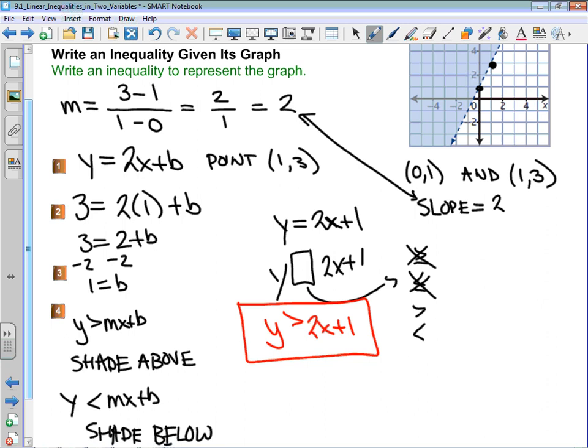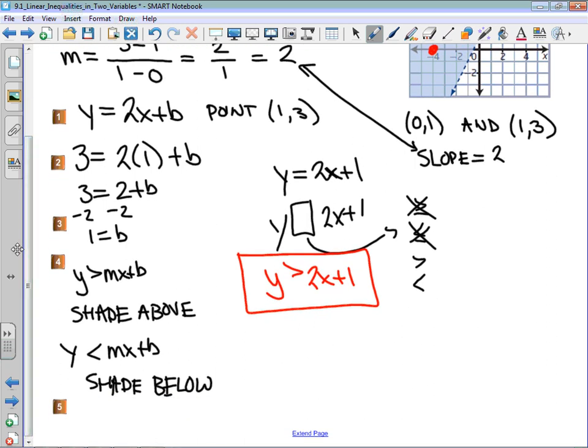But don't take it on blind trust that I'm correct. I would choose a point that's clearly in the solution region, and I'm going to choose this point right here, (-4, 0), and plug it into my inequality to make sure that I did it correctly. Because if I did it right, when I put negative 4 in for x and 0 in for y, it should satisfy the inequality that I've written.